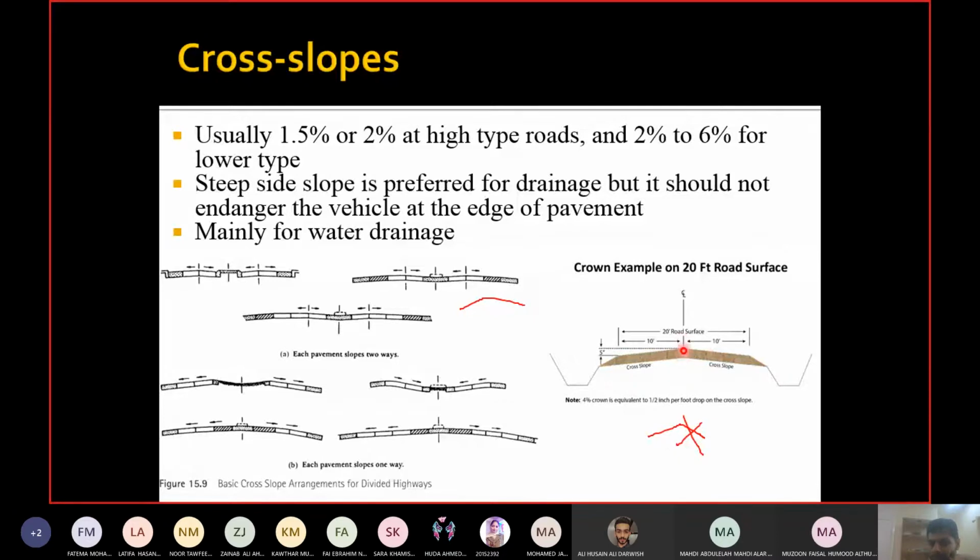At the center line. Now if the ground level is lower, then this difference will be called the height of fill, because then you have to fill. If the ground level is higher and the road level is lower, then the difference between the elevation of the road and the ground at the center will be called height of cut. So same principle which we saw in chapter 14 as well.